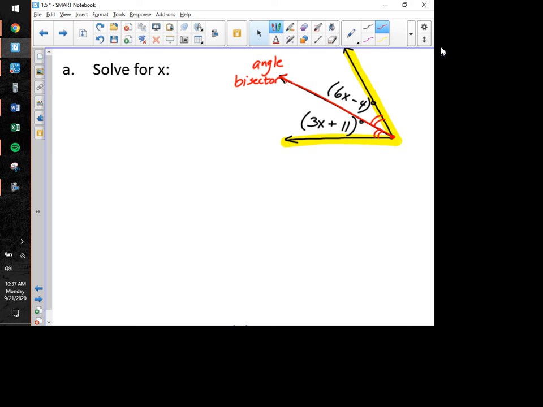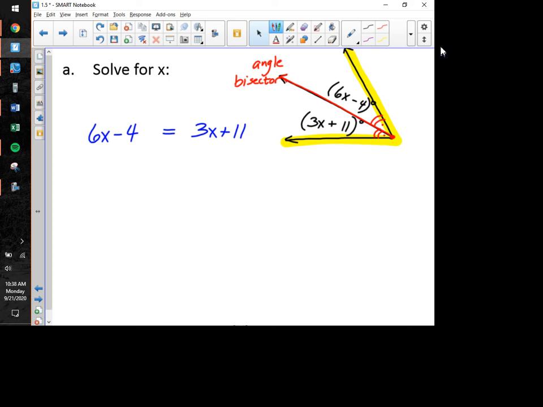So they didn't have to write out the words angle bisector. The tick marks here and here tell you that same story. And because those 2 angles are congruent, it means that their measures are equal. So 6x minus 4 must be equal to 3x plus 11 because the tick marks tell us that those angles are the same.